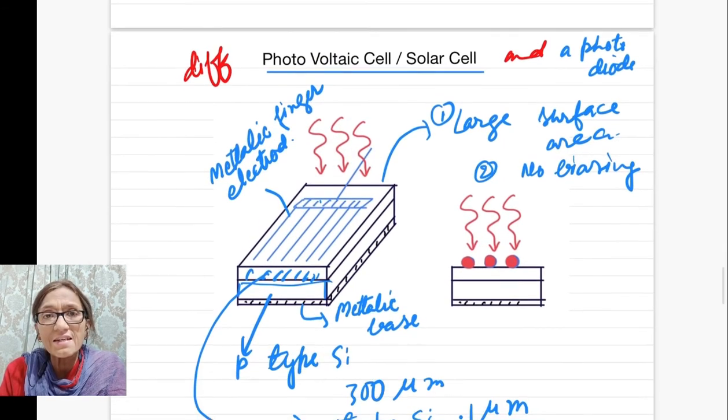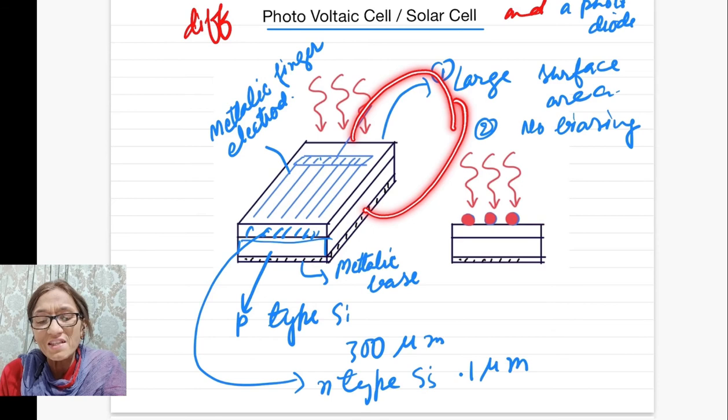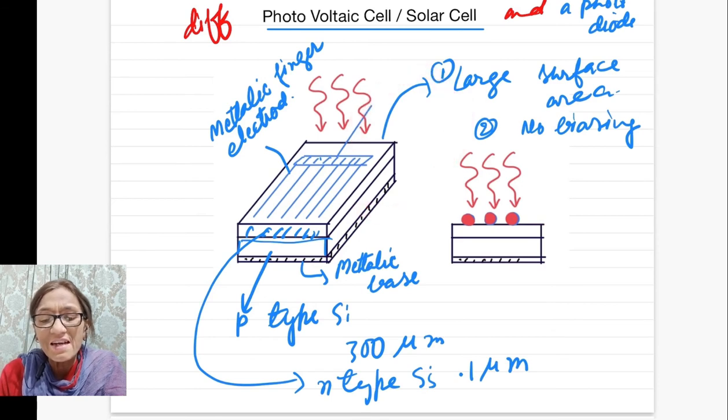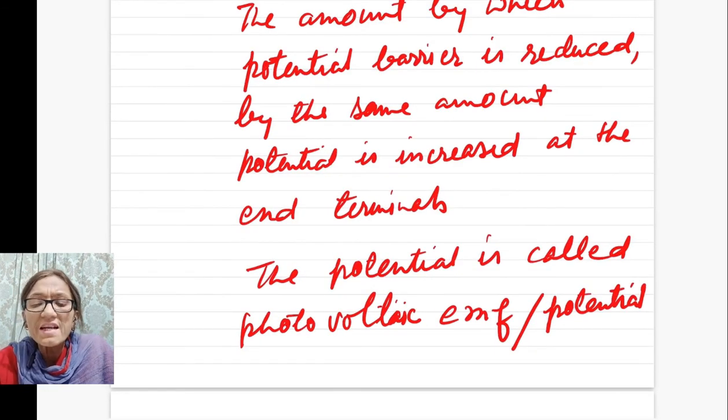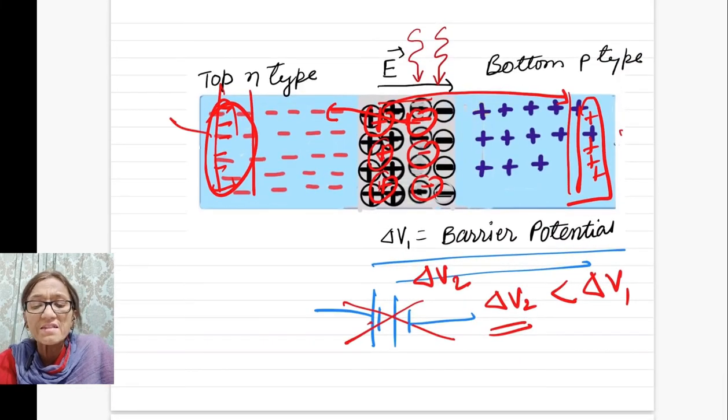Where is it collected? You can see the electrons are collected on these metallic fingers, and on the lower metallic base the holes are collected, due to which you can obtain a current in the outer circuit. So there is a potential developed at the two ends. There is a potential in the open circuit.